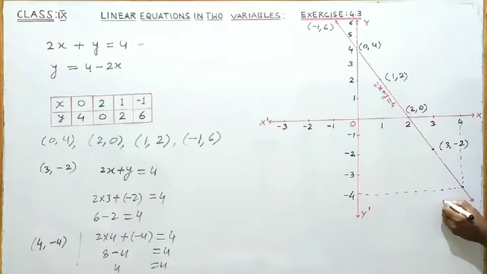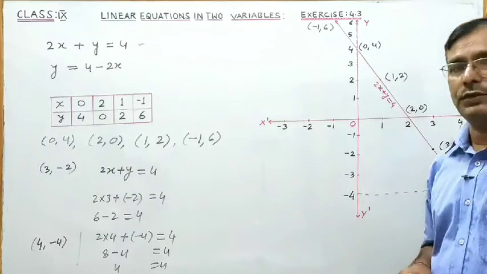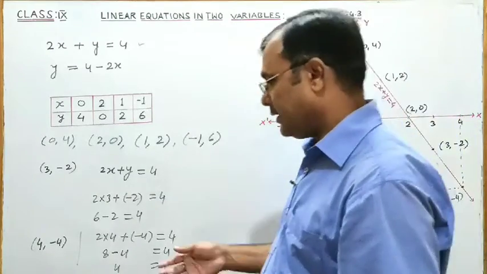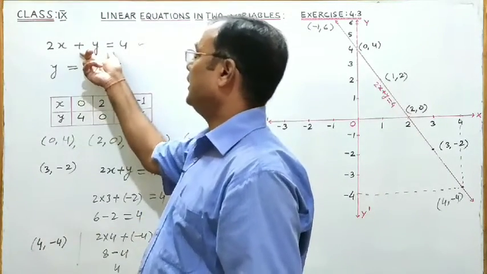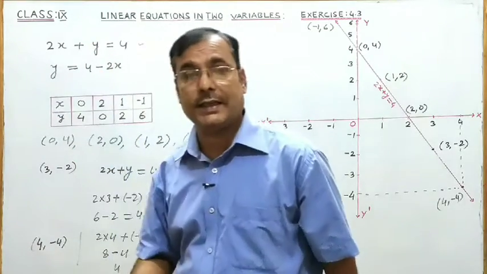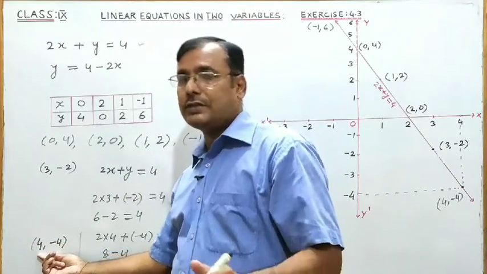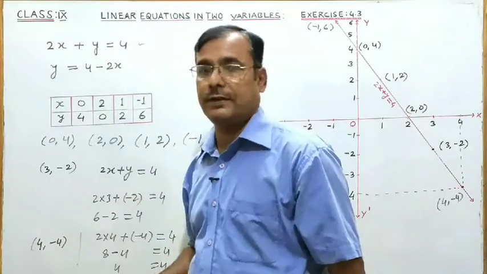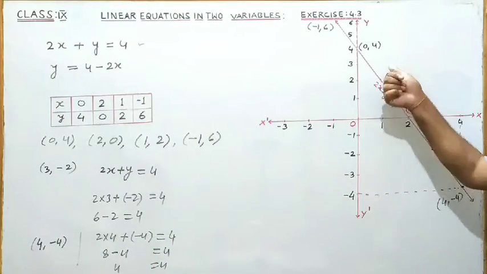So this point (4, minus 4) lies on the graph of this linear equation 2x plus y equal to 4. In this case, we took one randomly chosen solution (4, minus 4) of this linear equation and checked that it also lies on the graph of this linear equation.